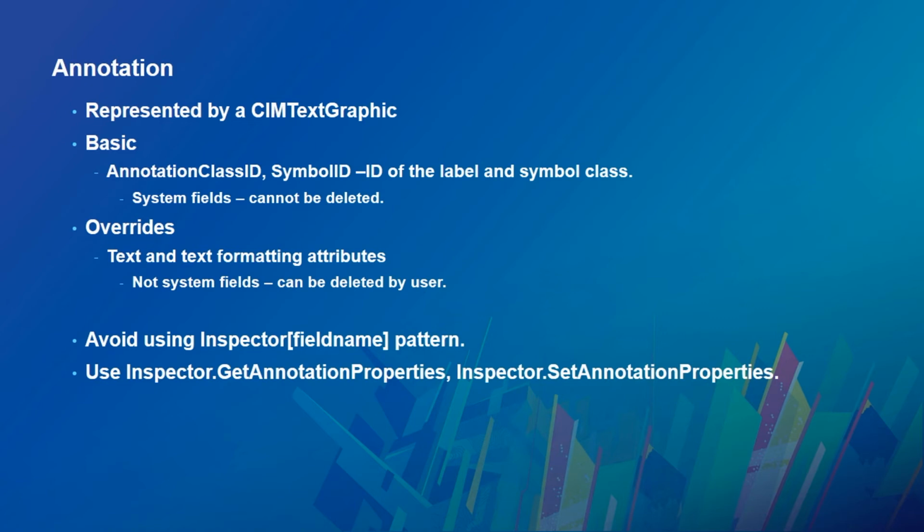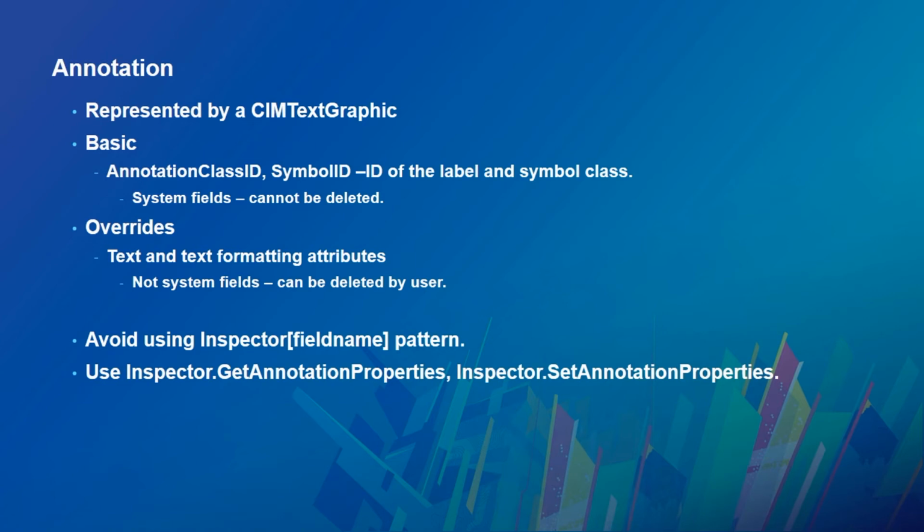In the ArcMap world, these particular attributes were system fields and couldn't be deleted by users, and so the schema for an annotation feature class was fixed. This is not the same in Pro. These particular text formatting attributes, whilst they may exist if you do a conversion from a 10x annotation feature class, are not system fields, and so they can actually be deleted by the user.